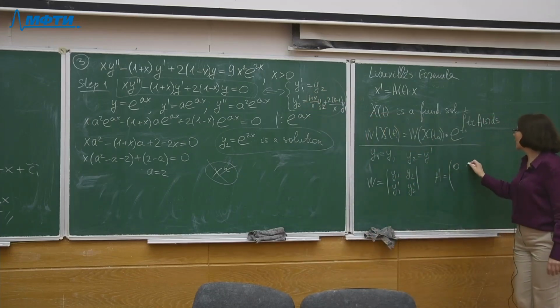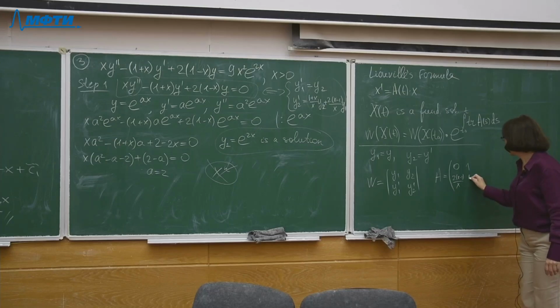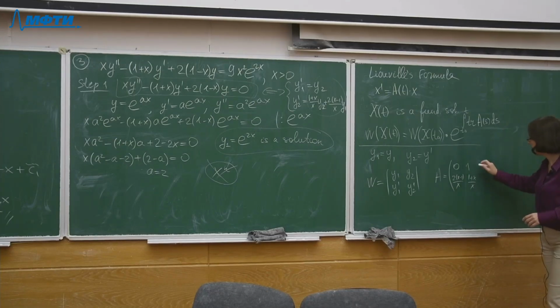It is 0, 1, 2 times x minus 1 over x, and 1 plus x over x. And the trace of A, so the trace is the sum of the diagonal entries. It is 1 plus x over x.